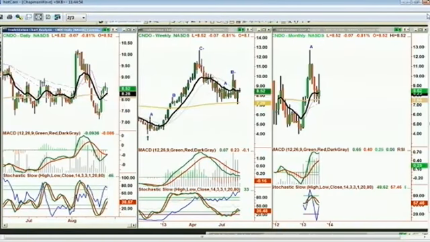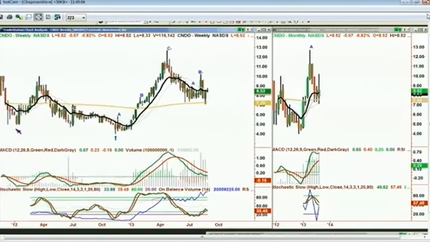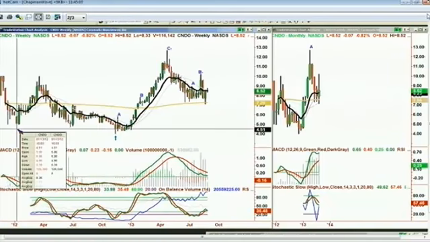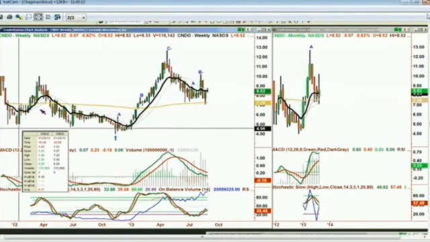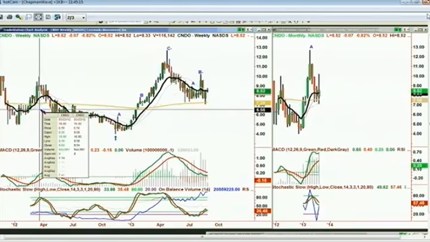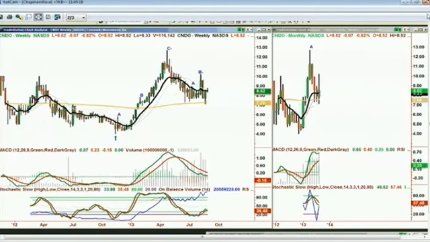The reason why I liked it when I looked at it is because when it has a move to the upside, it has a concerted move in the weekly chart. When it went from the low of $4.95 back in the week of the 13th of January, it went all the way from about $5 all the way up to the 10 round number. That's a big percentage move, and it took about 10 or 11 weeks.